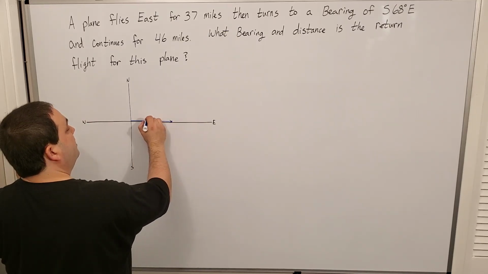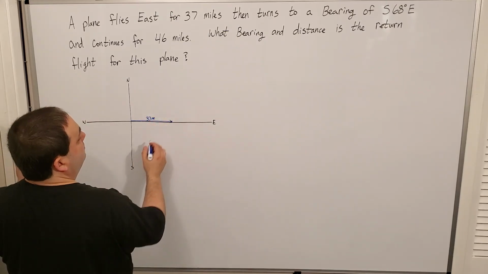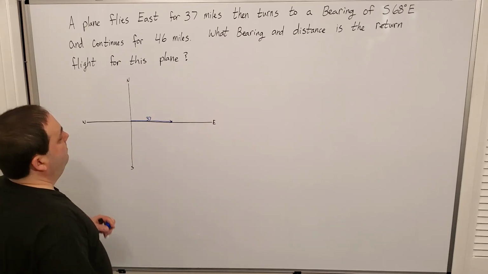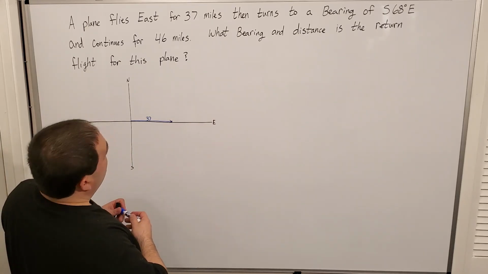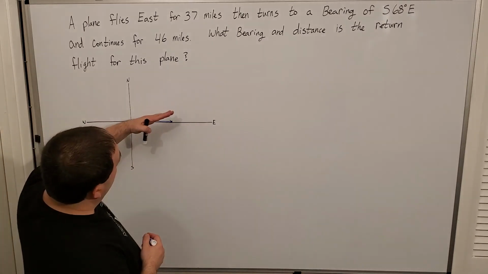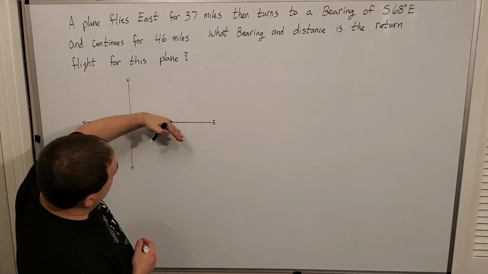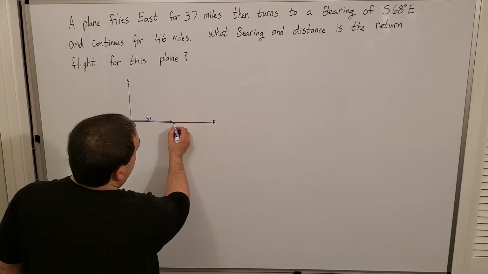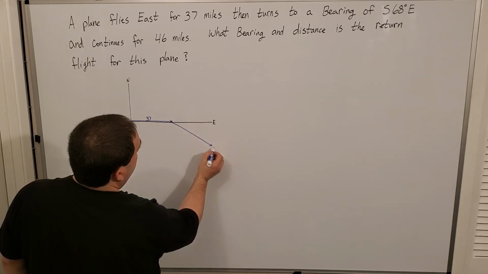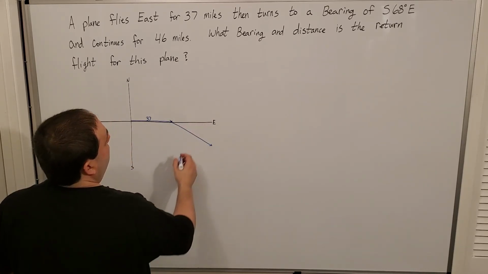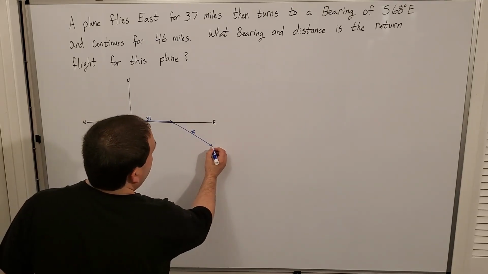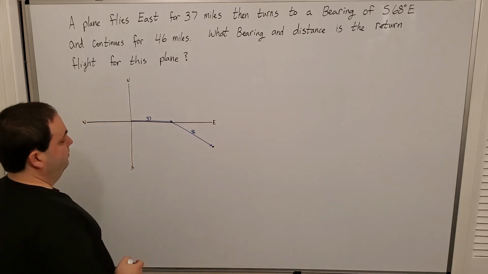And we're saying that that's 37 miles, right? I'll just label it with 37. Okay. From here, it turns on a bearing of south 68 degrees east. Okay, so in other words, it's something like this-ish. And then travels another 46 miles here to some destination point over here.